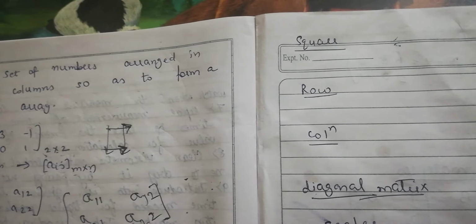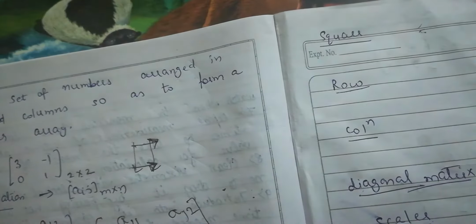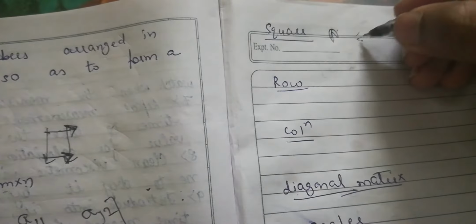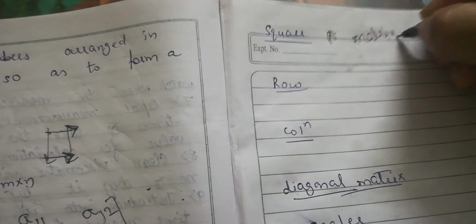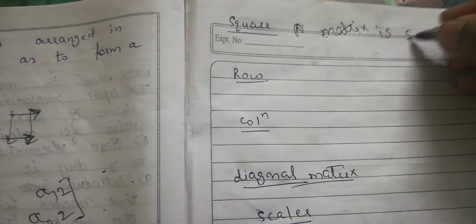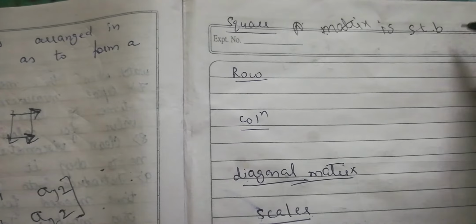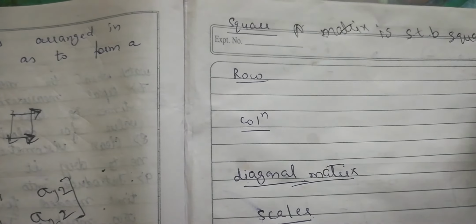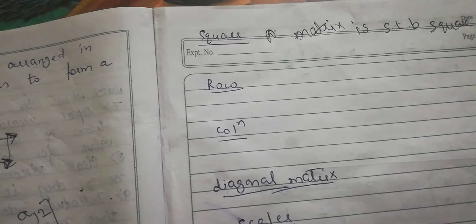Now what is the meaning of a square matrix actually?